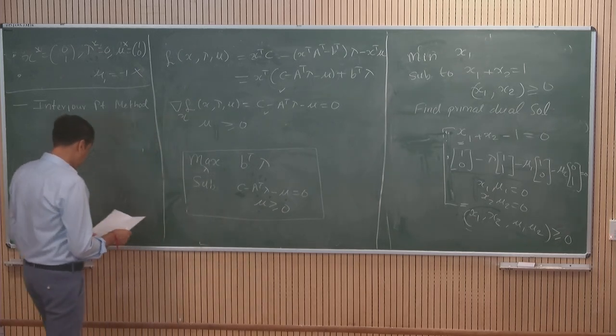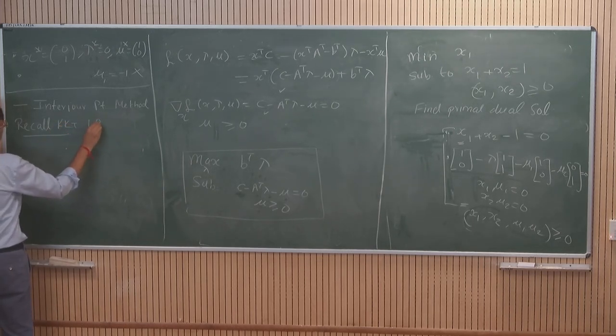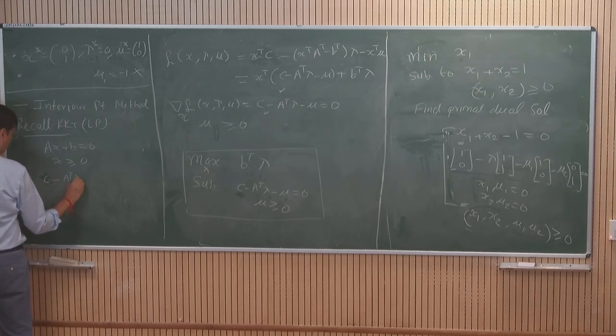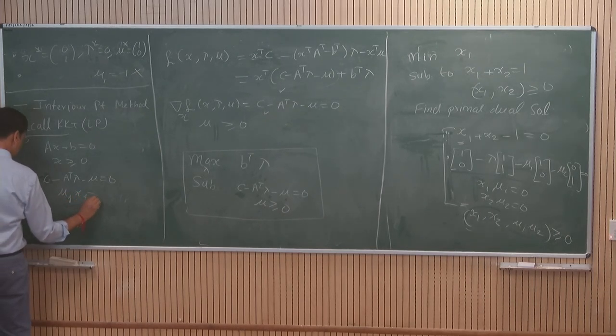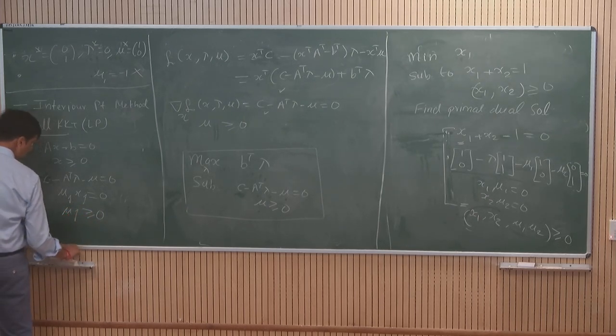To write the interior point methods, we'll recall the KKT. So if I have to write the KKT for the linear program, the 5 conditions, it will be Ax minus b equal to 0, x greater than or equal to 0, and c minus A transpose lambda minus mu equal to 0, and mu_j x_j equal to 0, and mu_j greater than or equal to 0.